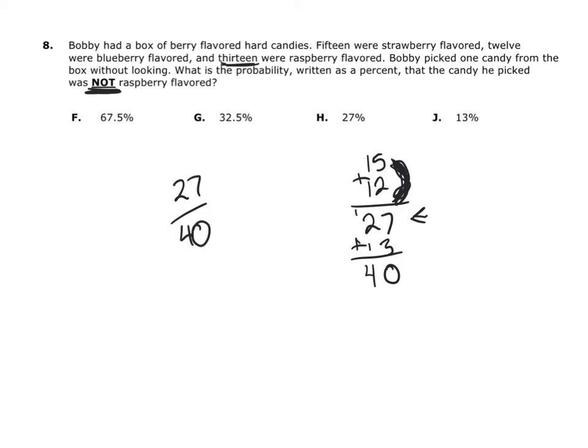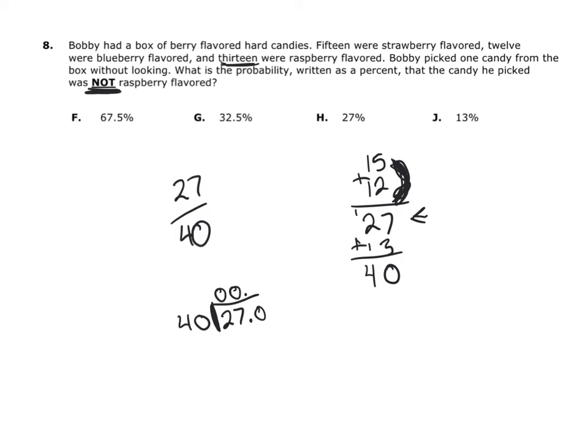When we have a fraction and we want to turn it into a percent, we have to divide first, so top in, bottom out. Okay, so 40 goes into 2 0 times, into 27 0 times. So we have to add a decimal and a 0, add a decimal up top. 40 goes into 270.